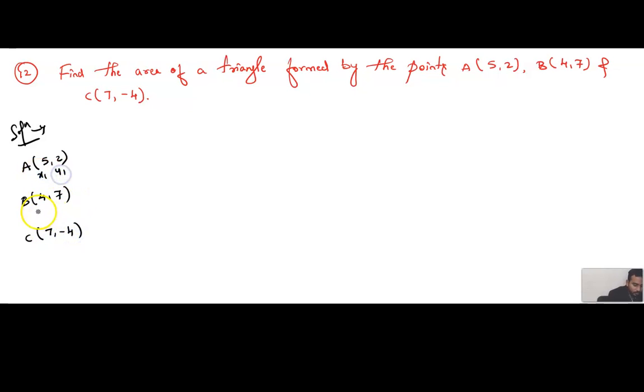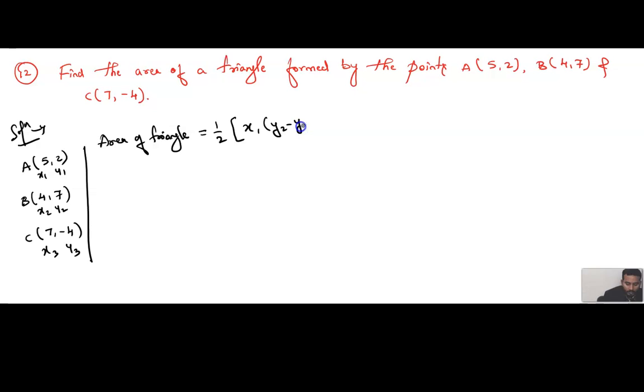So x1 y1, x2 y2 and x3 y3. So easy, right? Good. First let me write the formula. That is area of triangle ABC, or you can just write area of triangle, no problem. Area of triangle equals half into x1 into y2 minus y3.